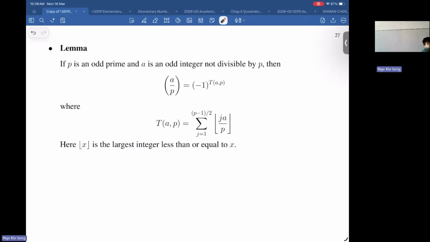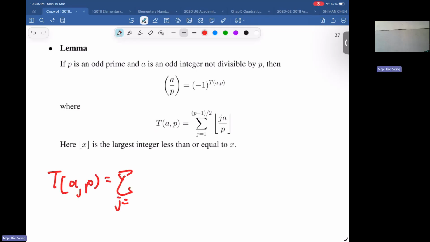So this is the reason why we introduced this notation before, because we're gonna sum this floor together. So what's this floor doing here? Maybe let's write down what it is. Well, again, you sum from 1 to p minus 1 over 2. In this chapter, you have seen a lot of p minus 1 over 2 appearing already. So this is kind of a magic number in this chapter. You don't sum everything up; p minus 1 over 2 is enough.